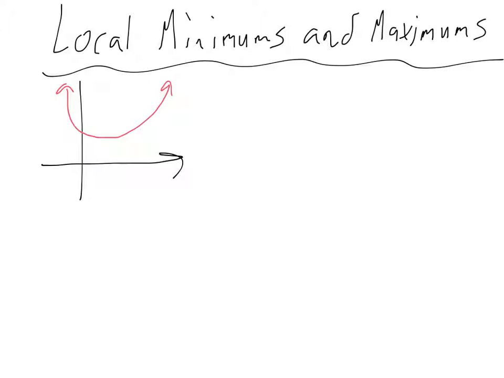So this point right here, let's say this is the point, if this is the next value c, it's the point c, and this is the function f of x, so the y value is going to be f of c.